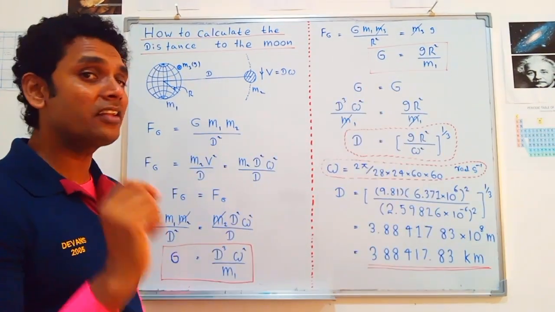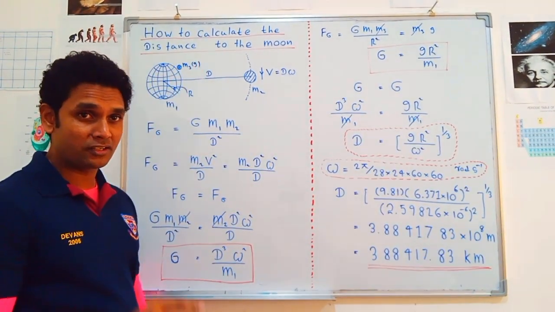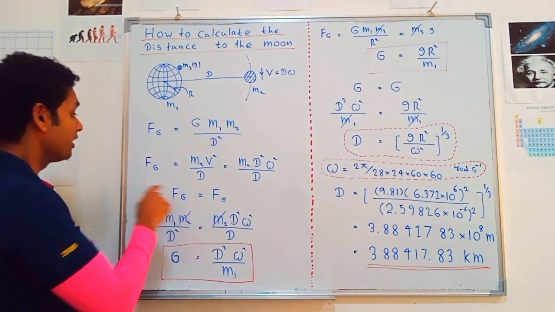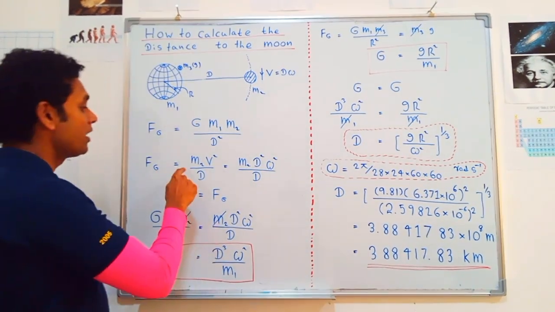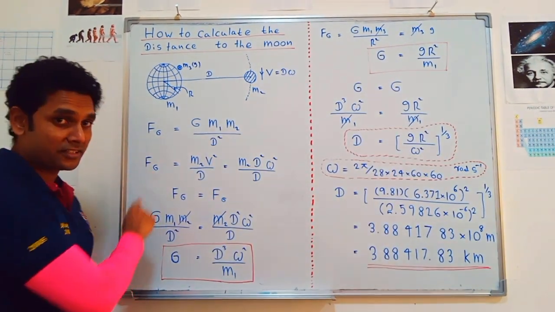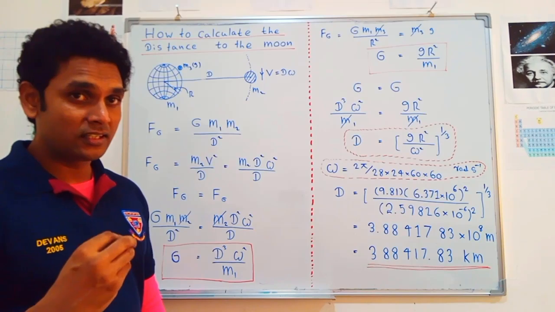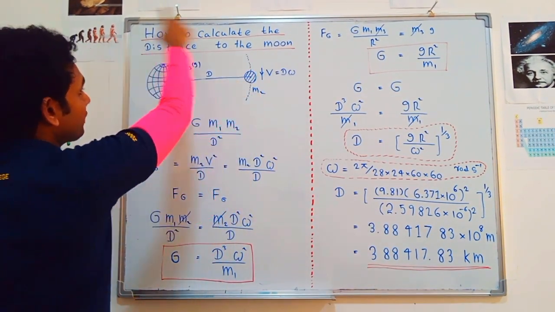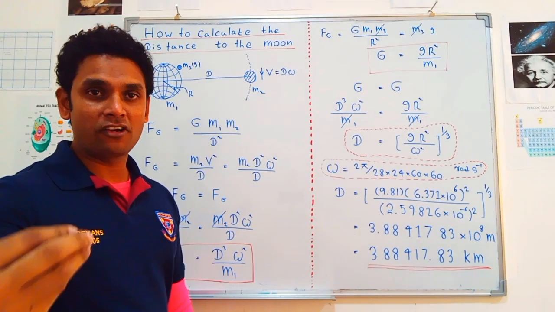Then we can have another equation using the rotational motion of the moon around the earth. From that we can use that Fg is equal to m2 v square divided by d. Fg is the gravitational force created by the earth, because for the circular motion around the earth, the moon needs a centripetal force.